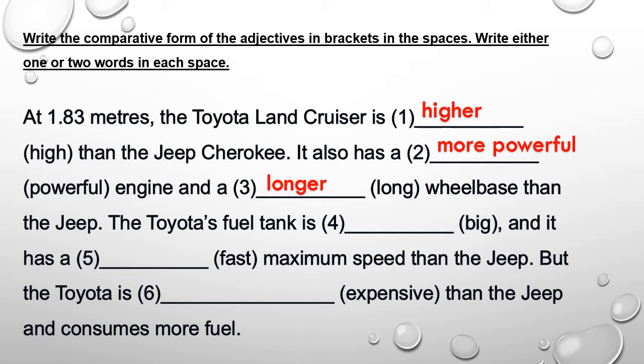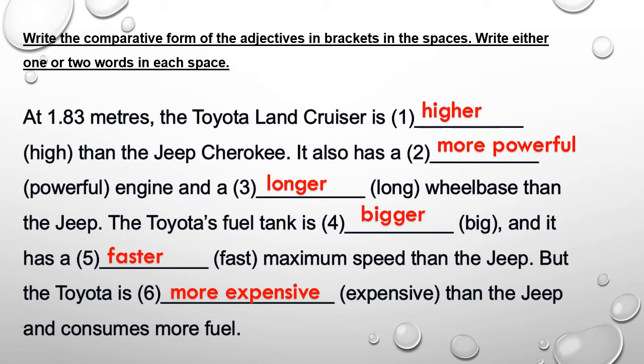The Toyota's fuel tank is bigger and it has a faster maximum speed than the Jeep. But the Toyota is more expensive than the Jeep and consumes more fuel.